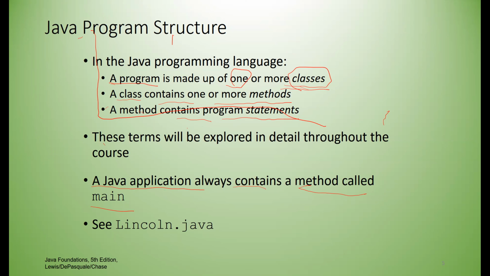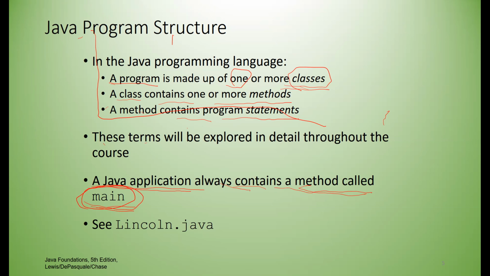So when a Java application runs, where does it start? It starts at main. If you don't have that method, the operating system doesn't know where to start to run your program. So you have to have main, the entry point.